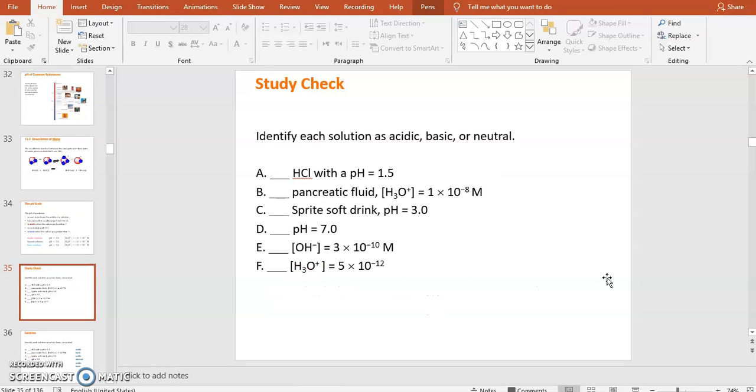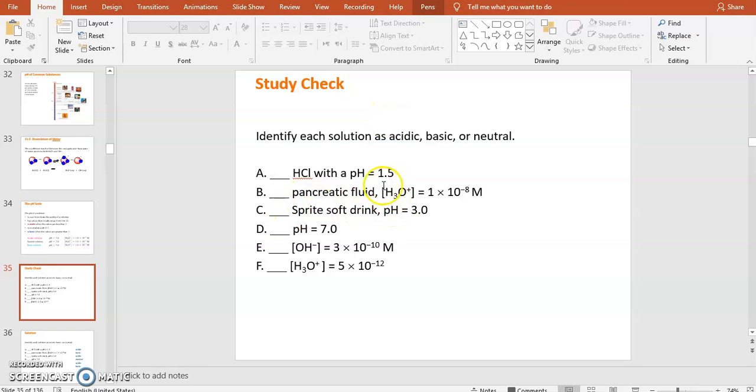So let's practice these. Identify each solution as acidic, basic, neutral from their pH. So A, HCl with a pH equal 1.5. Acid or base? Less than 7, acid.